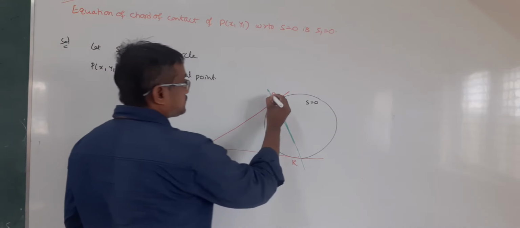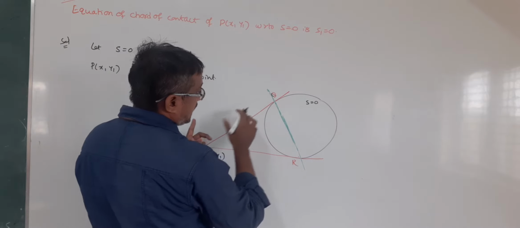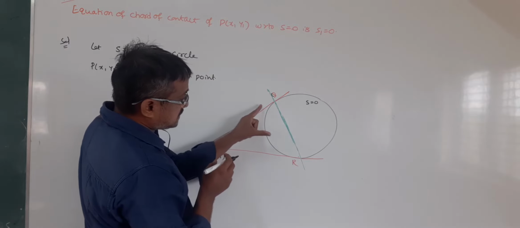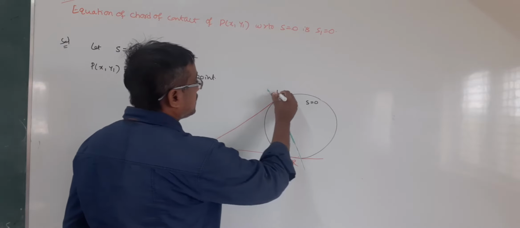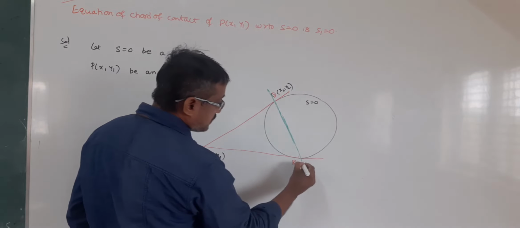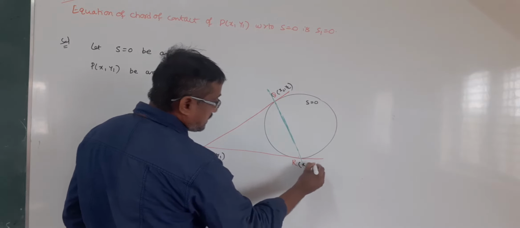Suppose that the tangents drawn to the circle meet the circle at (x2, y2) and (x3, y3).